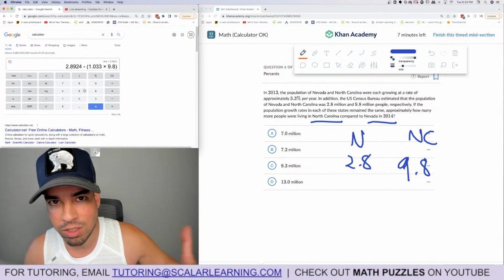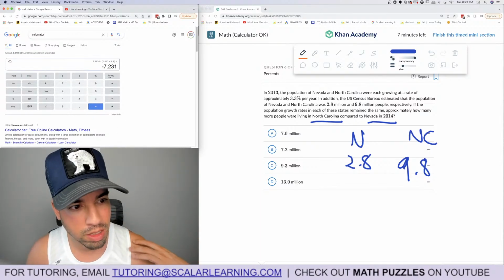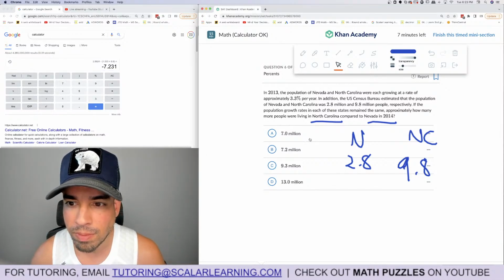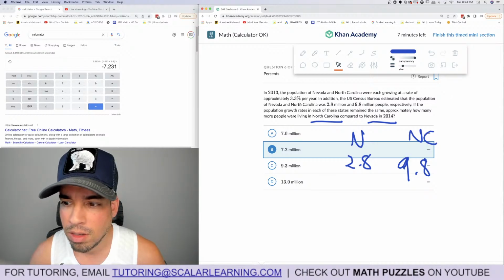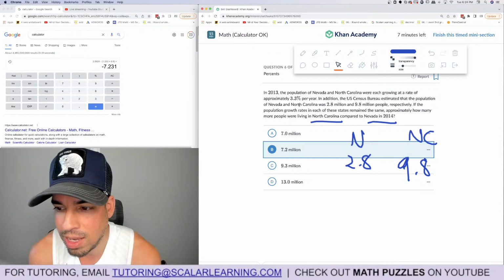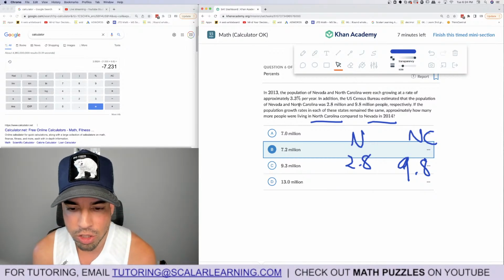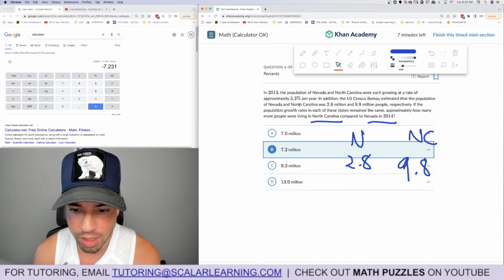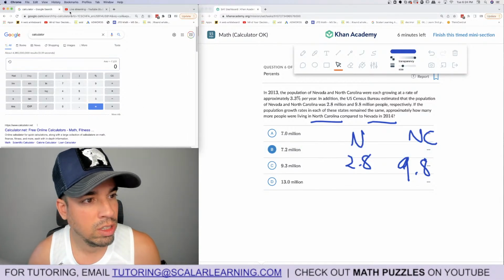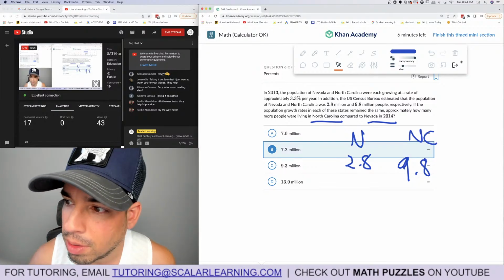I'm going to get a negative answer, but the positive answer will be this. So 7.2 million more. I should have been able to do that mentally because it can't be 7 million again, right? Because a year has passed and it's only 3%, so it's not going to be like all of a sudden 9 million difference. So you could have done that without a calculator, but okay.